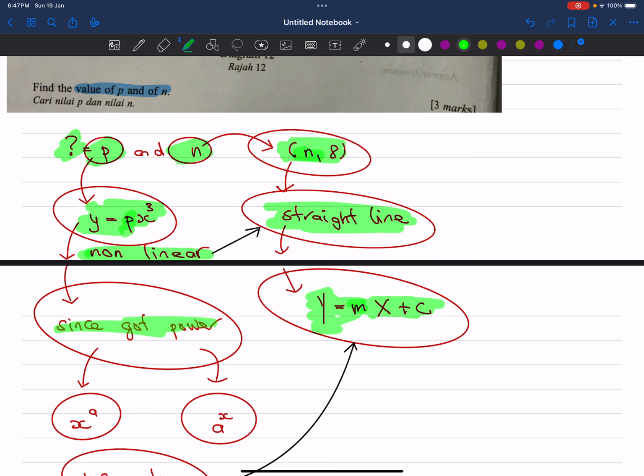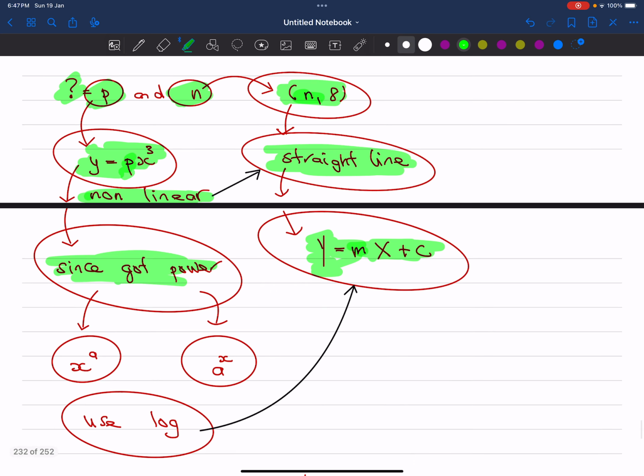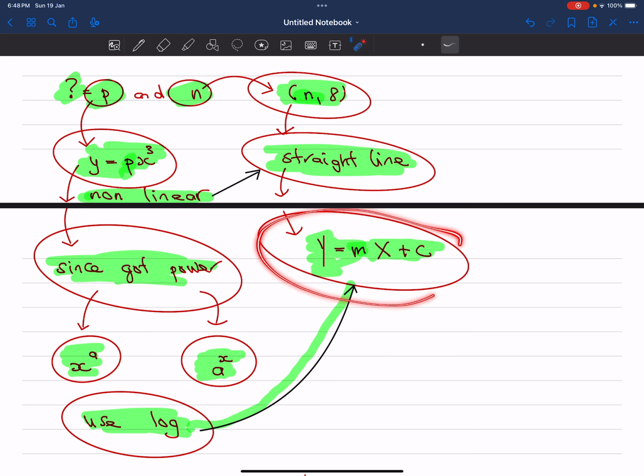Whenever there is a power, that is x power a or a power x, where a is a number, we must use log to get y equals mx plus c.